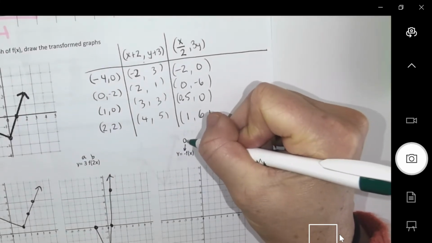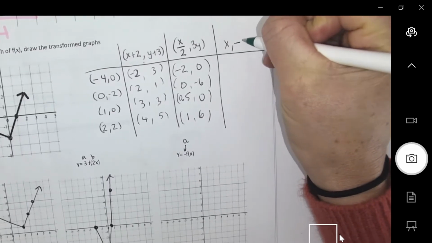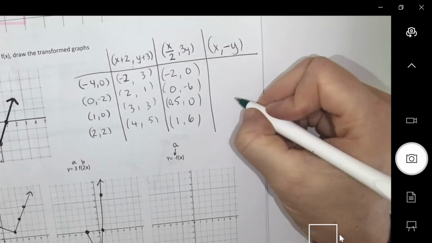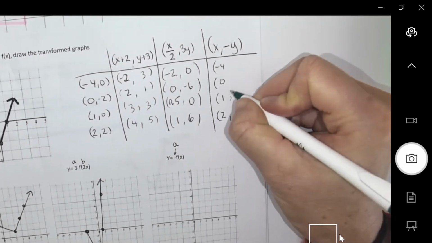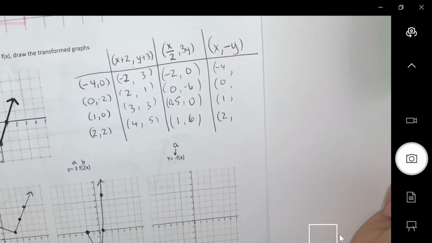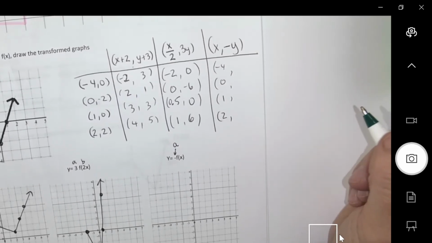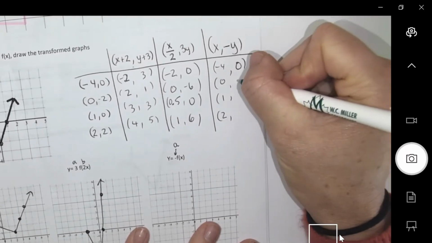This is an A. So that means x comma negative y. So don't change anything to those x values. And then change all the y values to negative. So, well, 0 just stays 0.